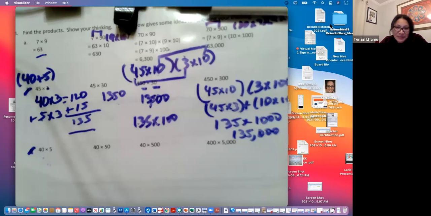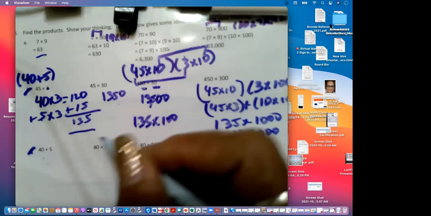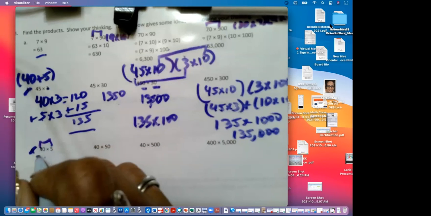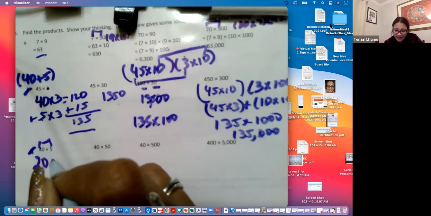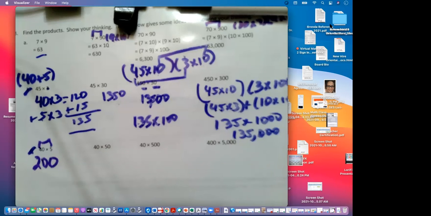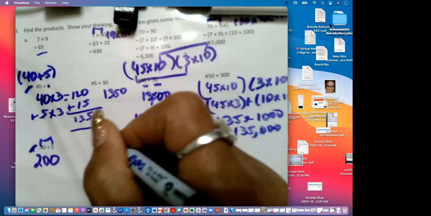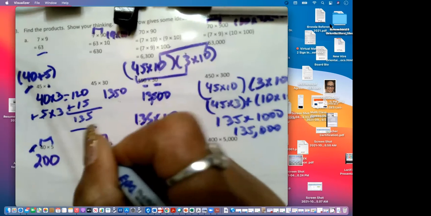40 times 50. Okay, so let's go to this one. What's 4 times 5? 20. And add 1 zero. That's 200. Then here you know 4 times 5 is 20. Add 2 zeros.